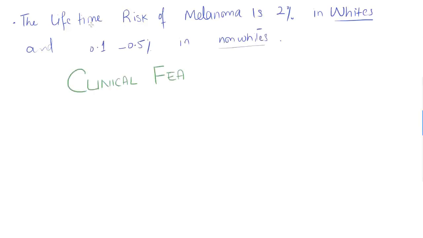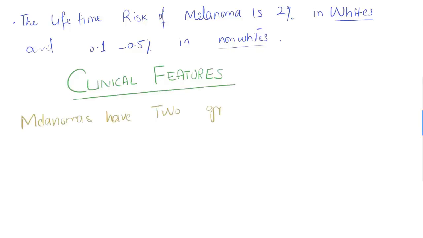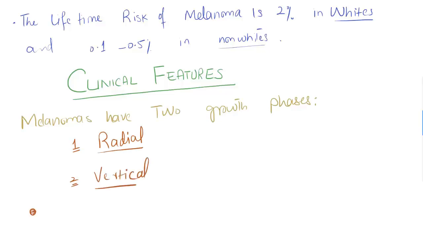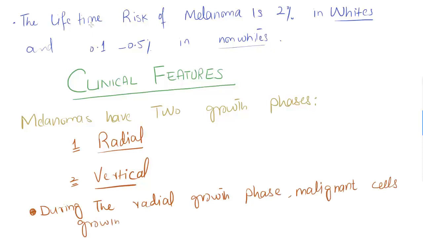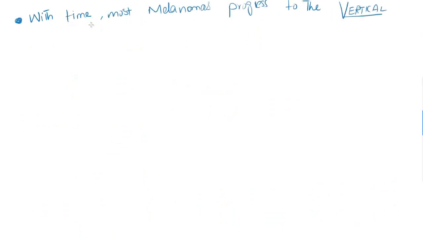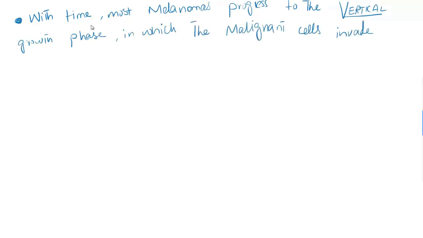Now, clinical features of malignant melanoma. Melanomas have two growth phases, radial phase and vertical phase. During the radial growth phase, malignant cells grow in a radial fashion in the epidermis. With time, most melanomas progress to the vertical growth phase, in which the malignant cells invade the dermis and develop the ability to metastasize.